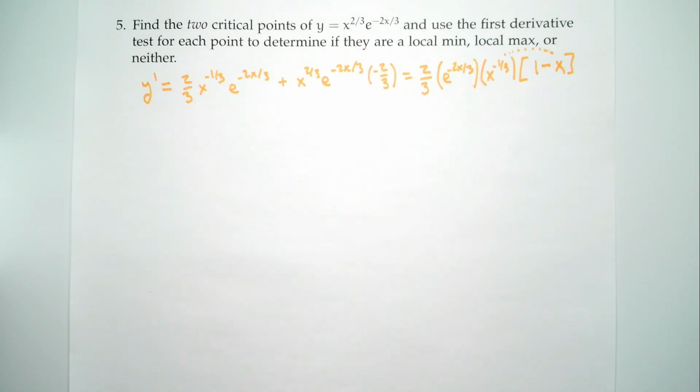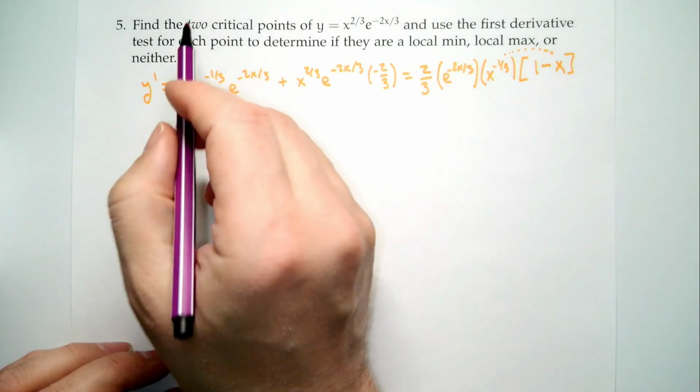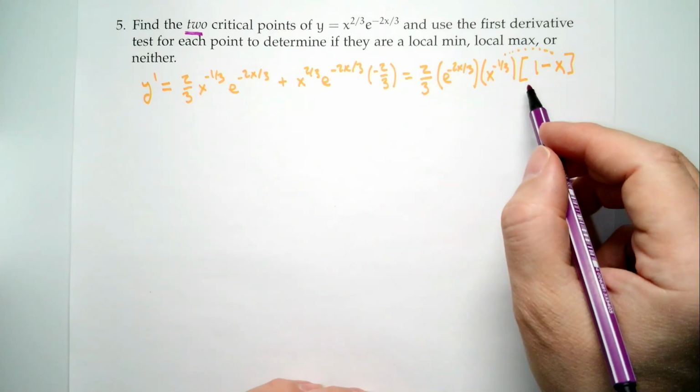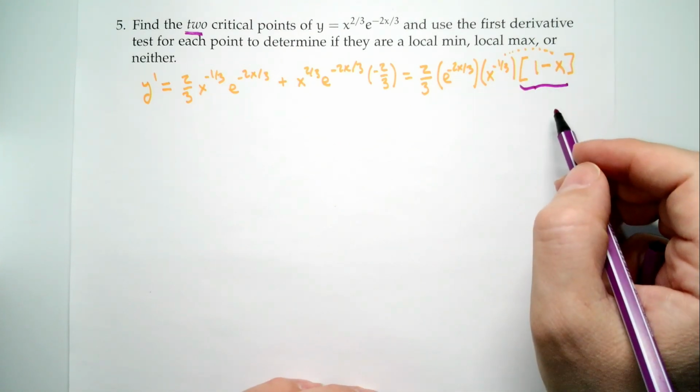Okay, now, where are the critical points? We have a hint. There should be 2 of them. How do we know? Because the problem says 2. That was our clue. There's a critical point coming from here. Do you see it?